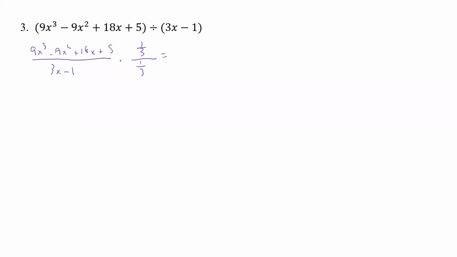And so we're going to have to take 1/3 times everything here. So if we multiply the numerator times 1/3, that's going to give us 3x to the third minus 3x squared. And then plus 18 divided by 3 is going to be 6x. And then plus 5 over 3, all over x minus 1/3.